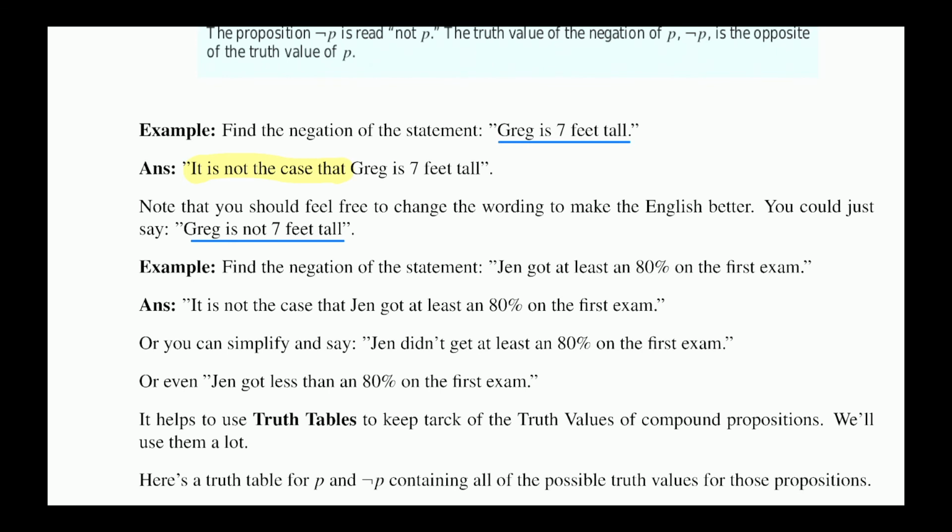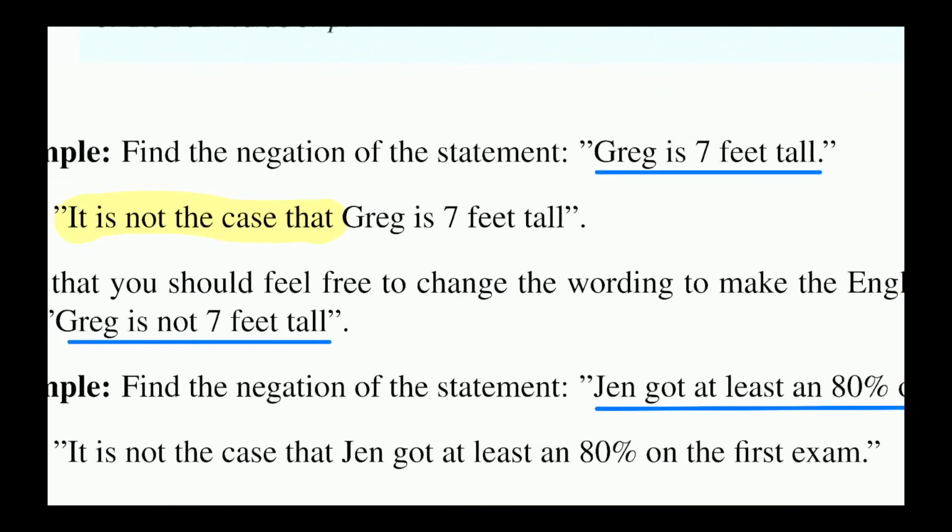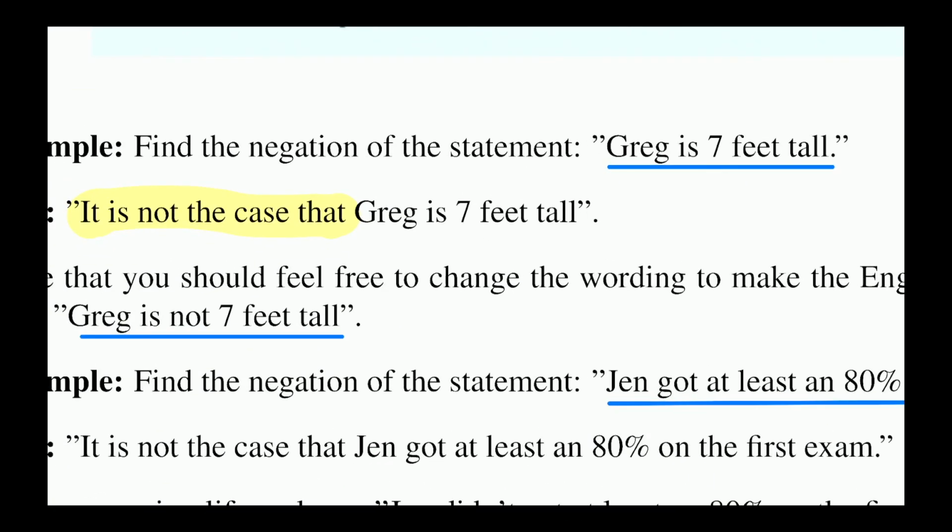Here we have this: Jen got at least 80% on the first exam. Again, you could write it is not the case that Jen got at least 80% on the first exam for the negation, but you wouldn't want to. That's not the best way to say it. If somebody asked, did you get at least 80% on the first exam, you would not answer, it is not the case that I got at least 80% on the first exam.